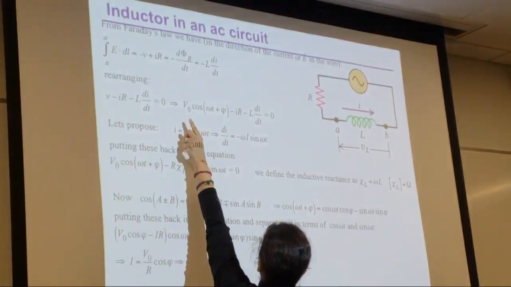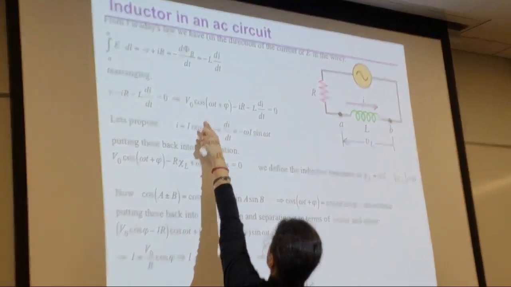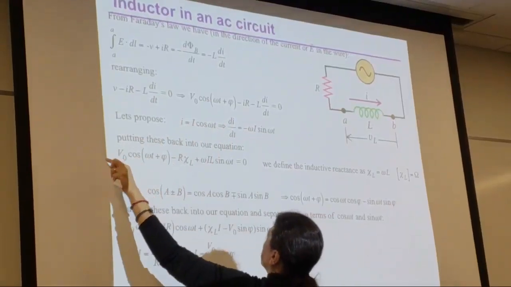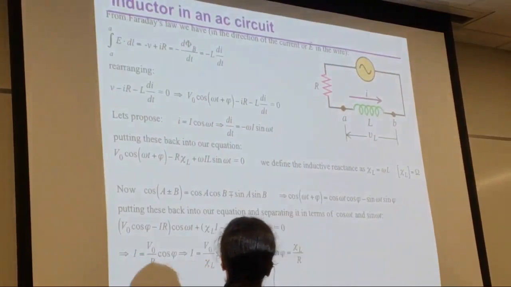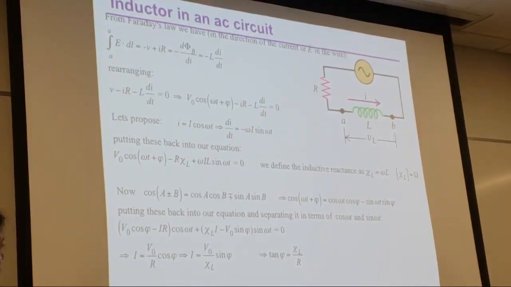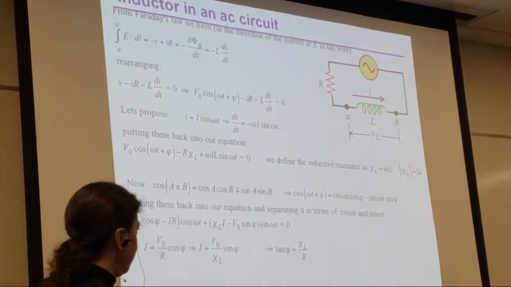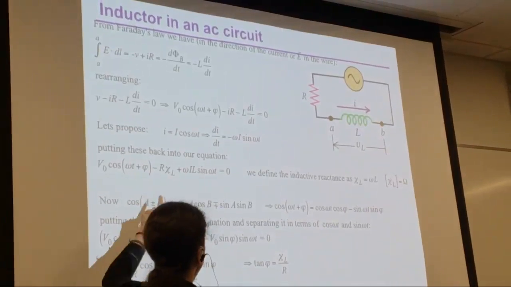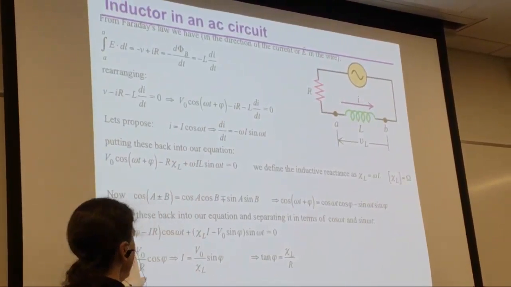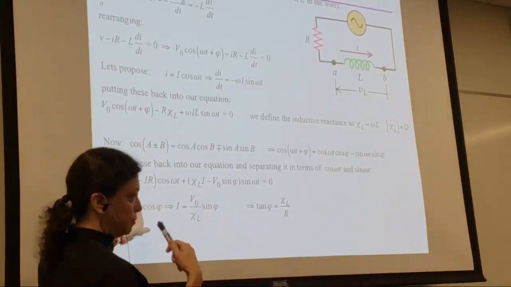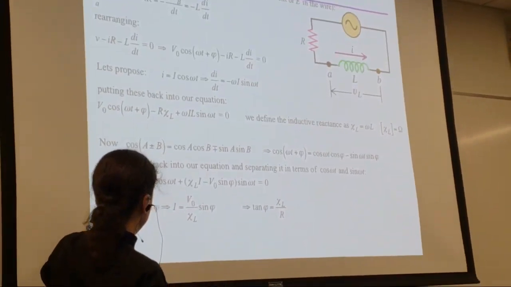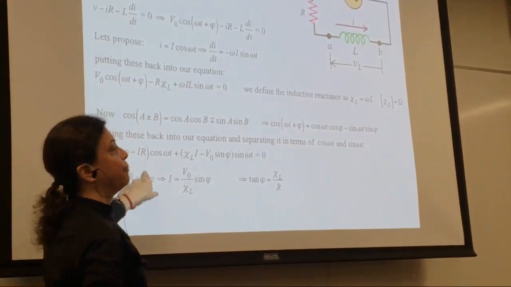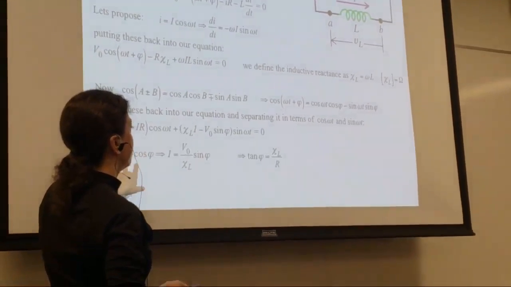So by using this as my current and this as my voltage, here's the voltage. Now the current, I basically propose this, and I put it in here. I get an equation that has a solution if and only if the amplitude of the current that I propose is related to the voltage like we would expect, V0 equals IR, but now there's this phase angle, all right?